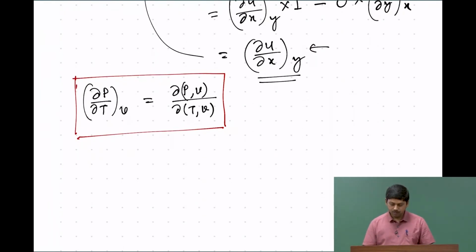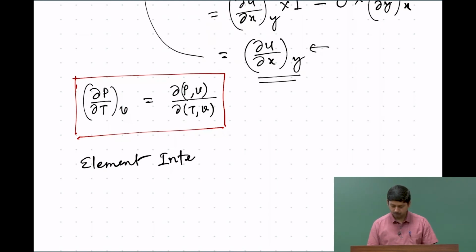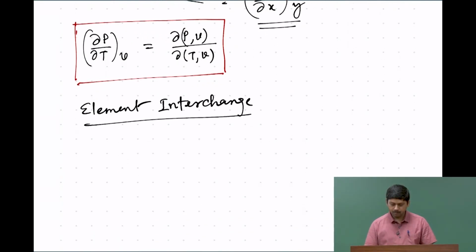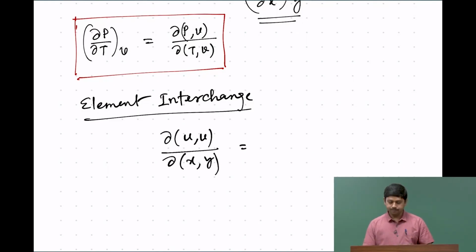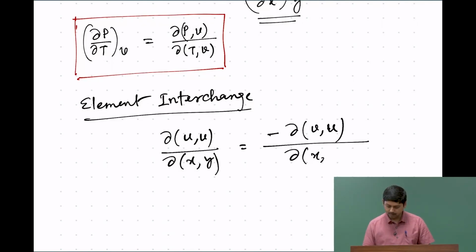Okay. So, now the second rule is element interchange. Let us say I have del u v by del x y. If I interchange u and v, it will become minus of del v u by del x y, and that interchange basically happens due to the matrix rule.